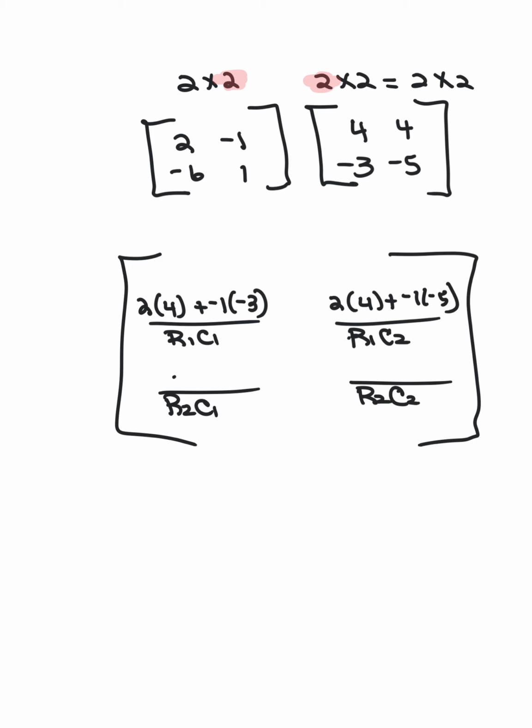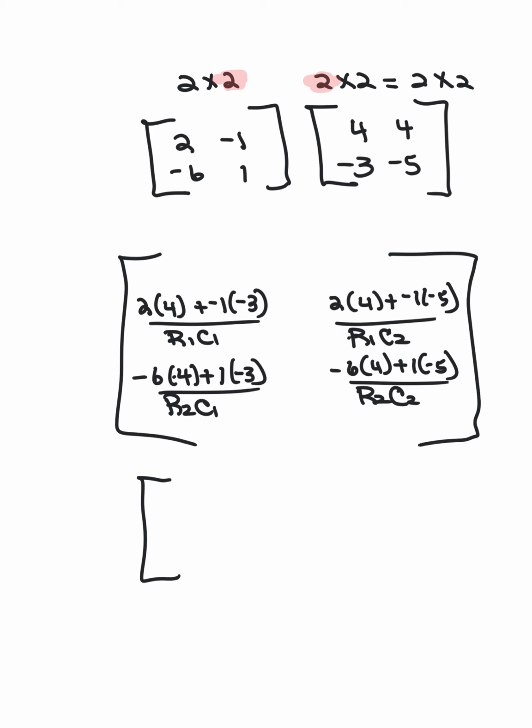Row 2 times column 1 is going to be negative 6 times 4 plus 1 times negative 3. And row 2, column 2 is going to be negative 6 times 4 plus 1 times negative 5.